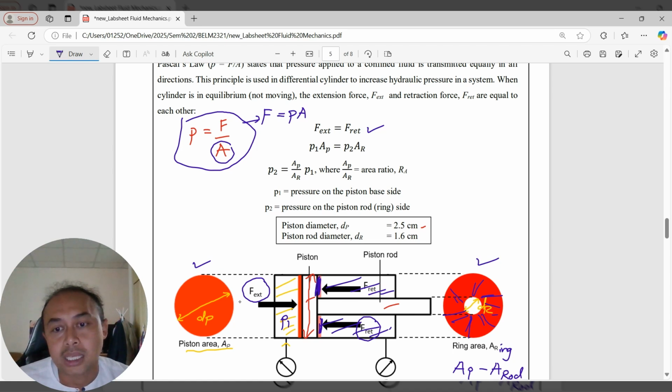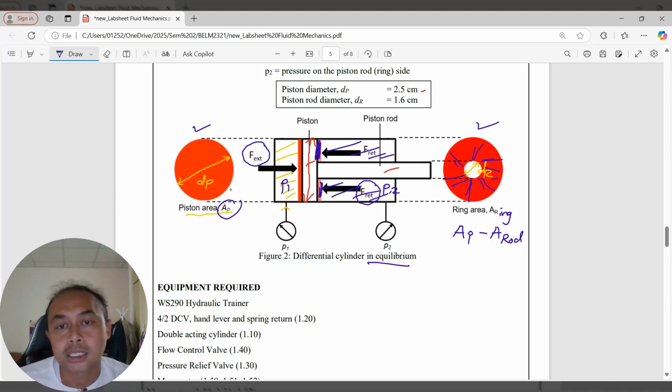The extension force equals the pressure P1 multiplied by AP, which is the full piston area. And then for retraction on the other side, we assign this as P2. Actually, P1 and P2 are coming from here.